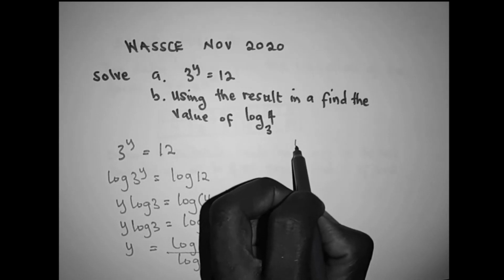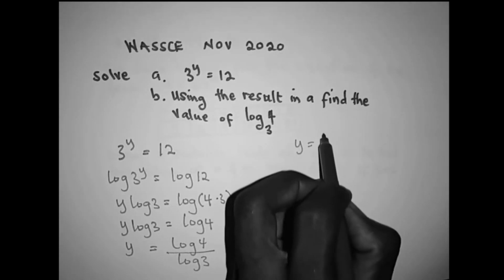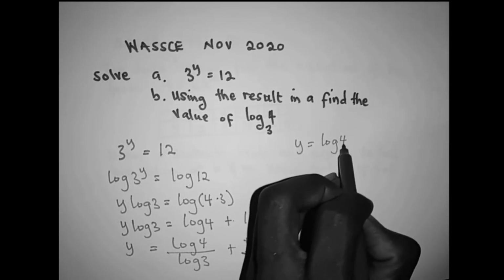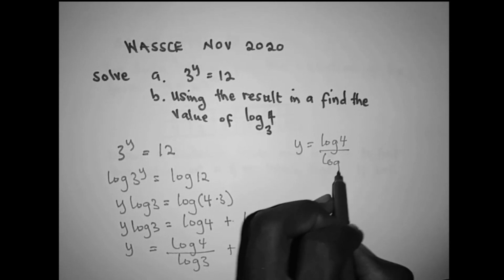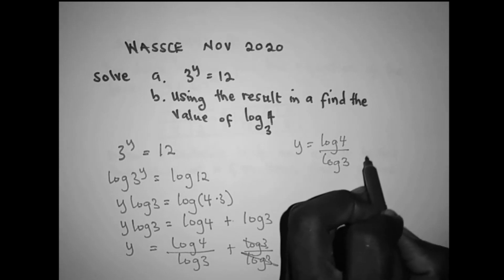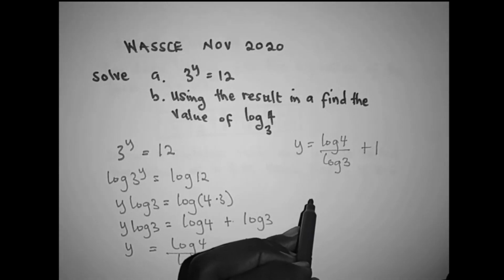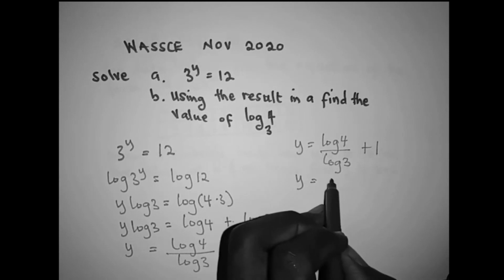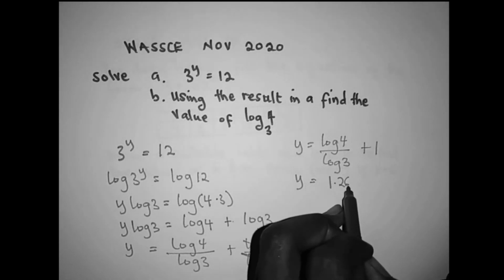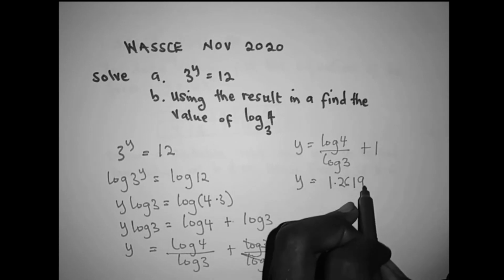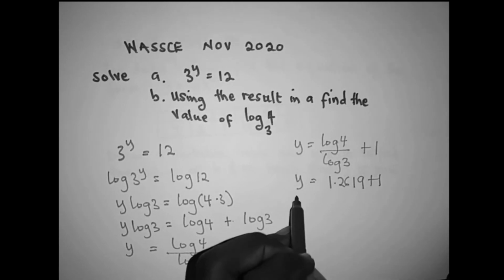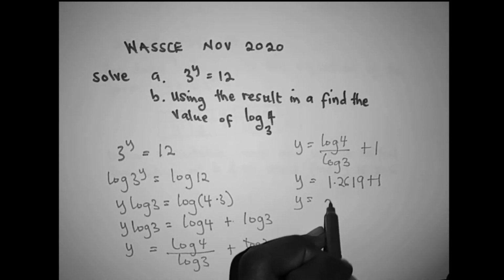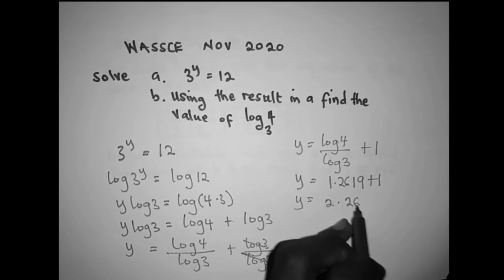So at the end of the day, we get y equals log 4 divided by log 3 plus 1. And log 4 divided by log 3 is 1.2619, plus 1. Therefore y is equal to 2.2619.